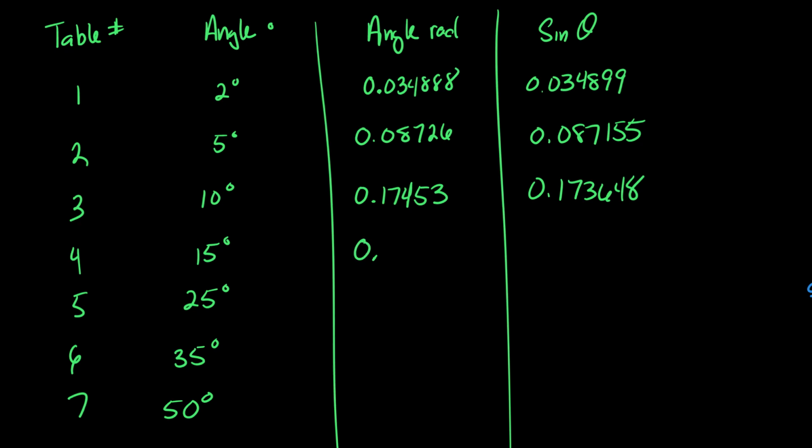For the radians we got 0.261799, and for the sine of 15, we got 0.25881. Table 5. 0.4363323. All right. And the sine of 25 degrees.